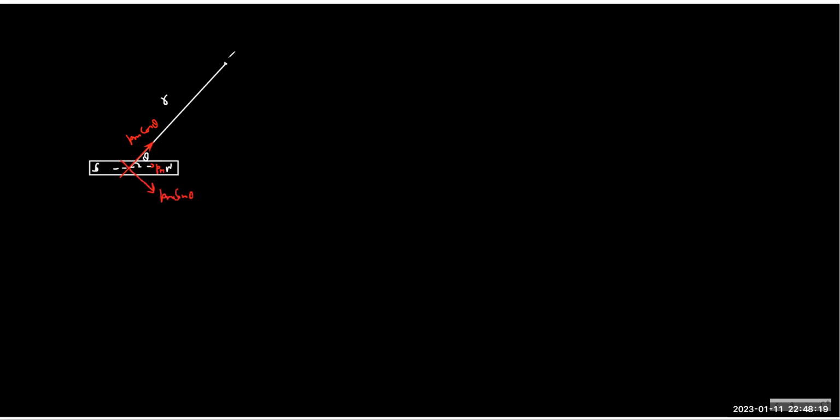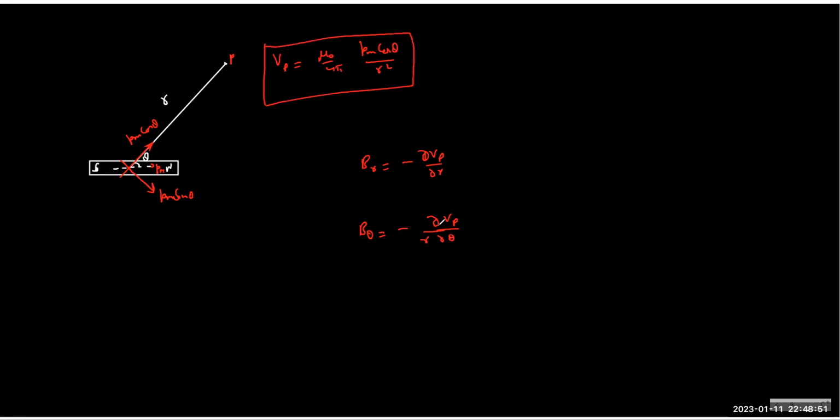So VP will be only due to the radial component, which is mu naught by 4 pi PM cos theta by R square. Then we have the relation, BR we can write as minus del VP by del R, and B theta as minus 1 by R del VP by del theta. If you take this formula and differentiate, we will get BR and B theta again back. Anyone remember this from electrostatics?